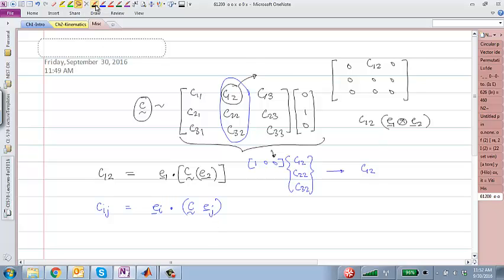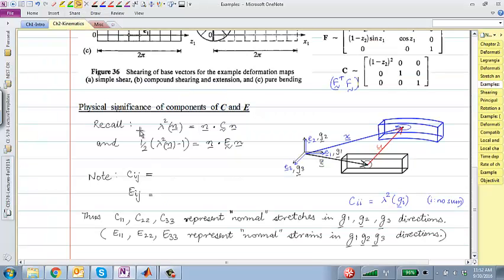So I'll write that out here. Cij is equal to Ei dot with C acting on Ej, and actually I should not use E but G, because C will act on the undeformed tangent vectors. Gi, Gj.